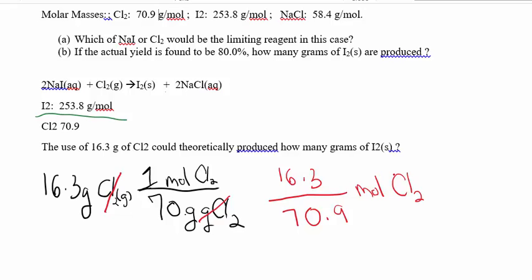Take out my calculator. The number of significant digits here is 3. So 16.3 divided by 70.9, 0.229, so that's equal to 0.23 moles Cl2.